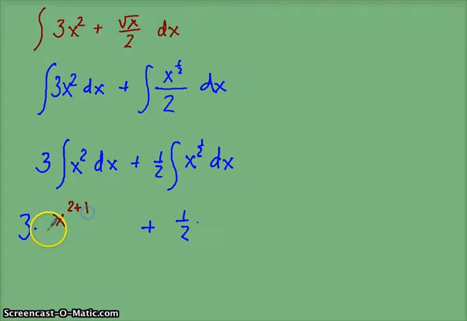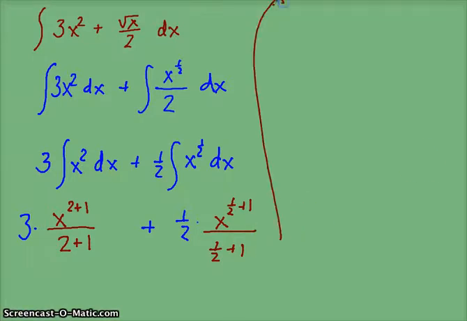We add 1 to our exponent, and our denominator is the same as this exponent, no problem. Again, add 1 to the exponent, and the denominator is the same as that exponent. Now that you've applied this rule of integration, the rest is just algebra, so you really have to be thoughtful about how you proceed.